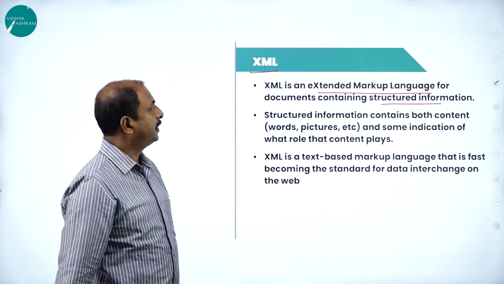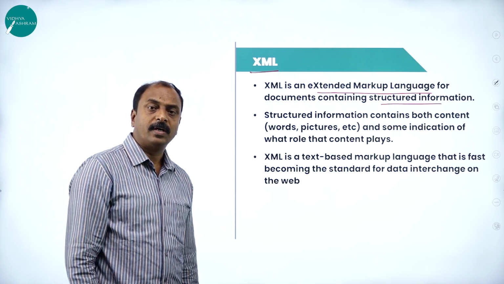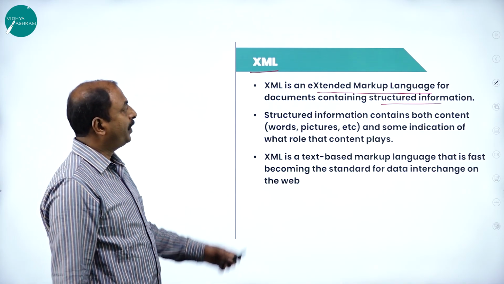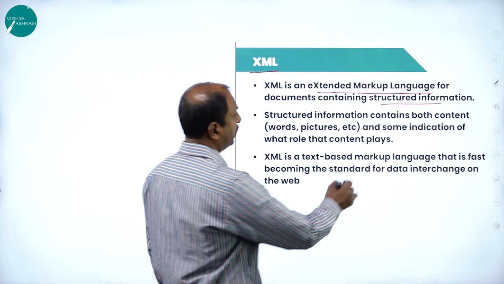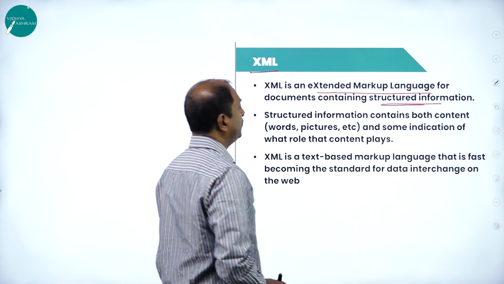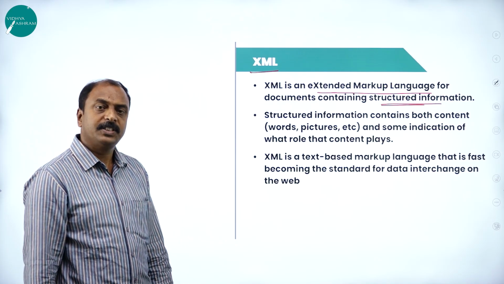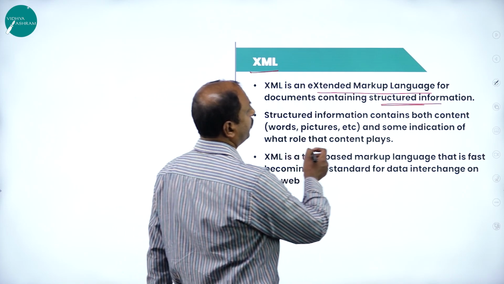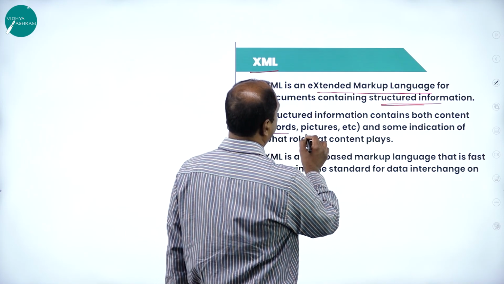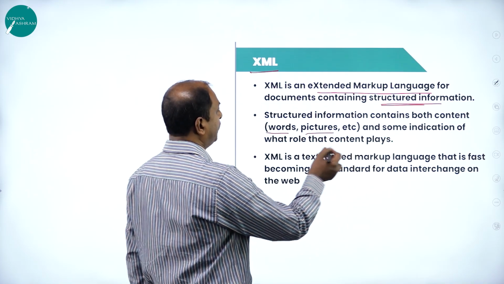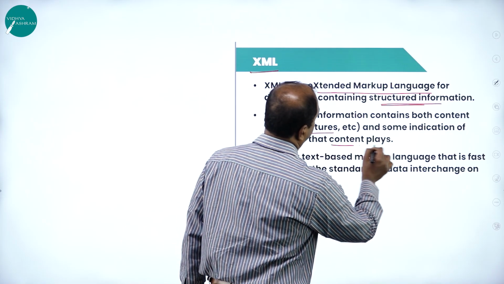It is the next or better version of HTML, where it provides a better structure of information. So it is easy for anyone to display information in a structured manner. For example, it can be words, pictures, etc., and some indication of what role that content plays.